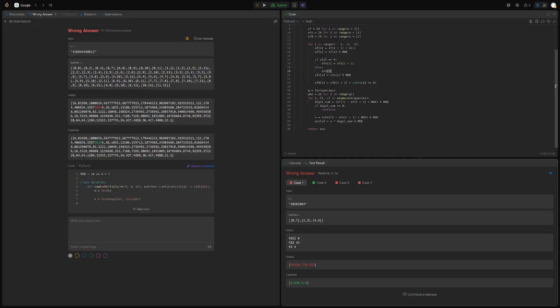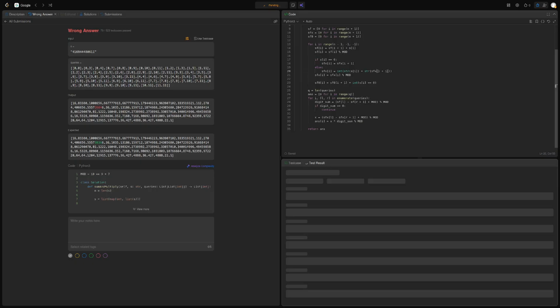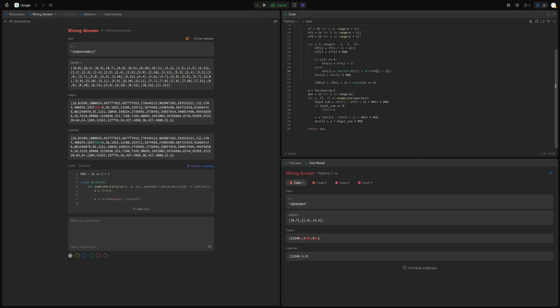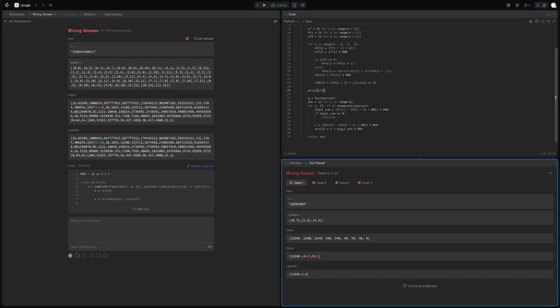So suffix e is equal to int of string of si plus string of suffix I plus 1. I don't care. This is Python's maximum level. Print suffix. One, two, three. What the freak?